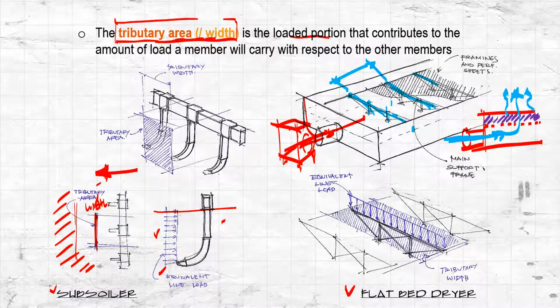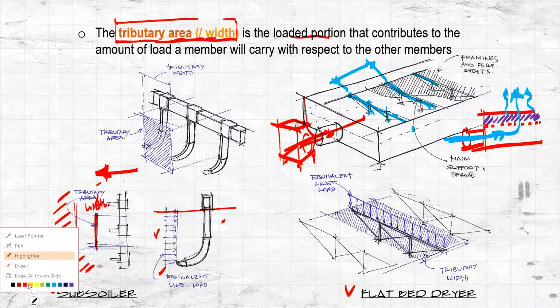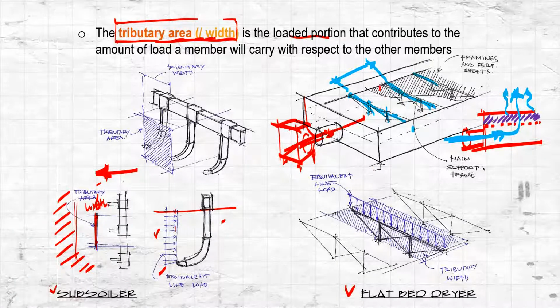How do we compute or analyze the loads that will be carried by this member or this assembly? Again, the concept of tributary area or tributary width is very useful for this analysis. I sum up the loadings from the framings plus the grain.